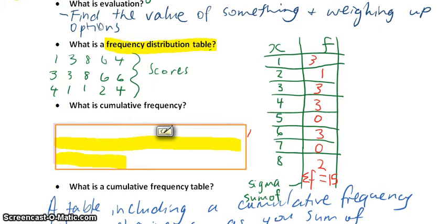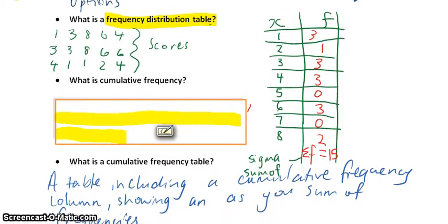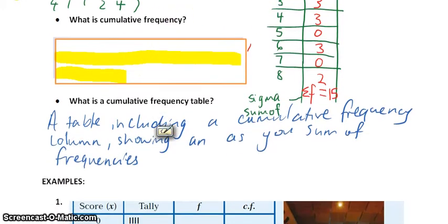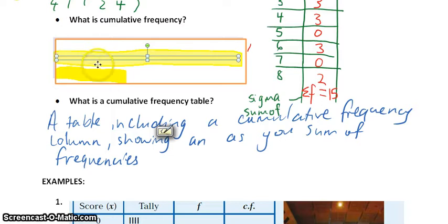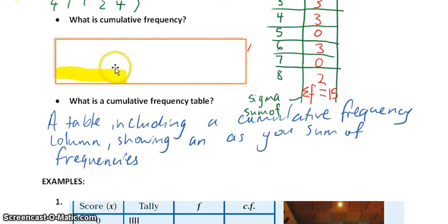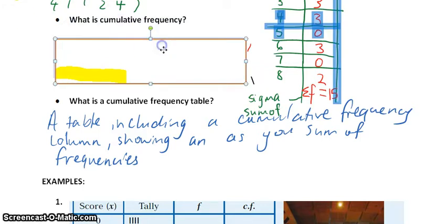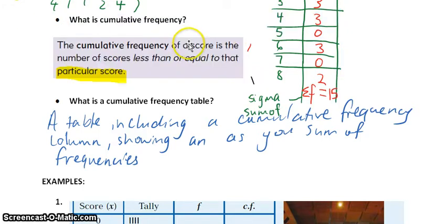Now, the next question is, what is cumulative frequency? Cumulative frequency tells us the number of scores less than or equal to that particular score.